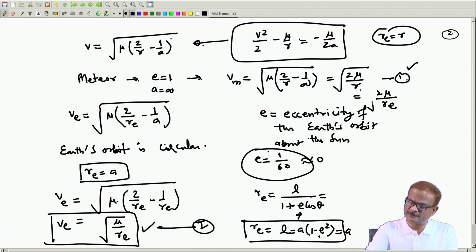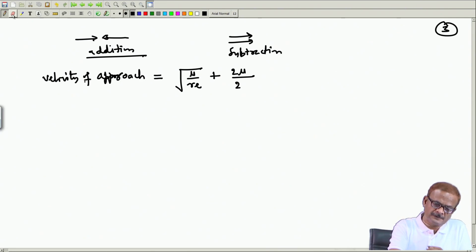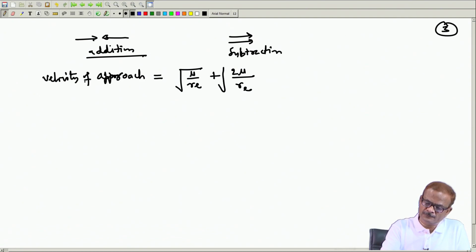So, therefore, we need to replace it by 2 mu by r e. So, here also we have to write 2 mu by r e, and mu value for the sun is given, and therefore, we can calculate it. So, this is mu by r e under root and 1 plus under root 2.